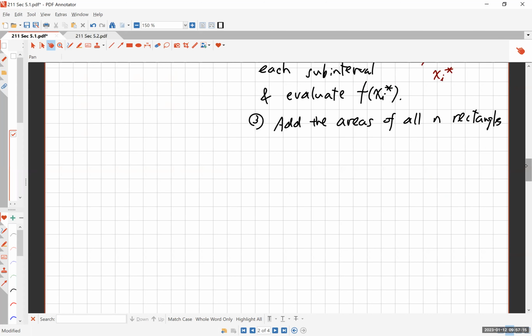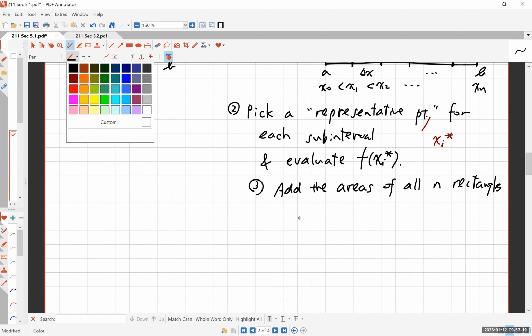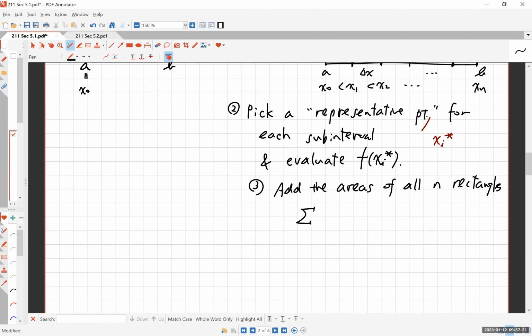Of course, you will see this in a moment. I'm going to write down the total area. Each area is a rectangular region. The height is the value of the function at this representative point, which I haven't talked about yet.